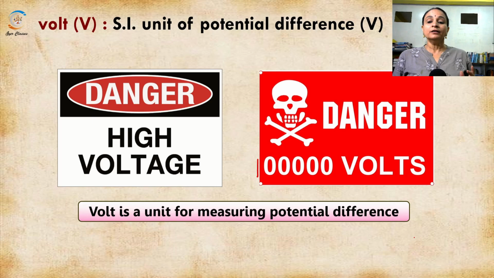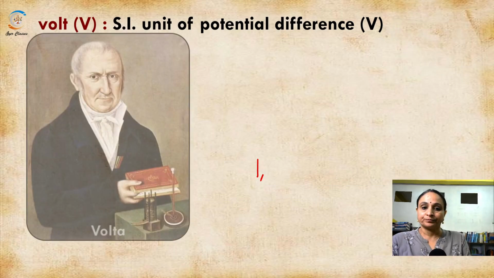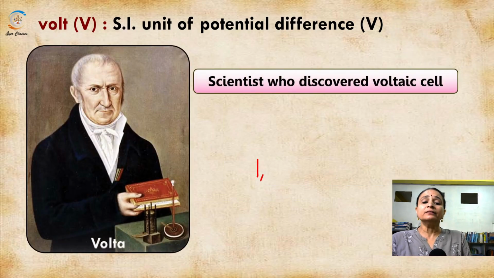Volt is the unit of measuring the potential difference, right? It is given in honor of the great scientist Volta, who discovered the voltaic cell. And this voltaic cell created a potential difference between 2 terminals of the cell, and it continuously made the charges flow from one place to another.